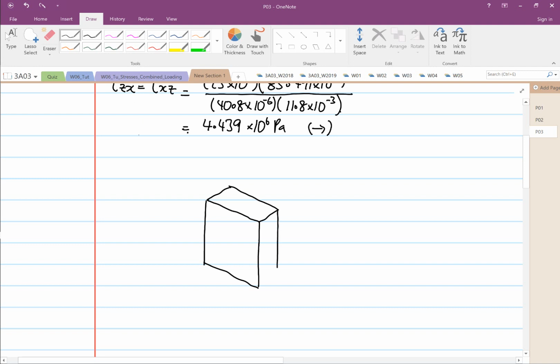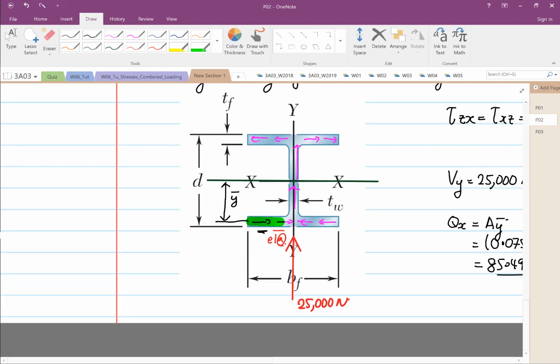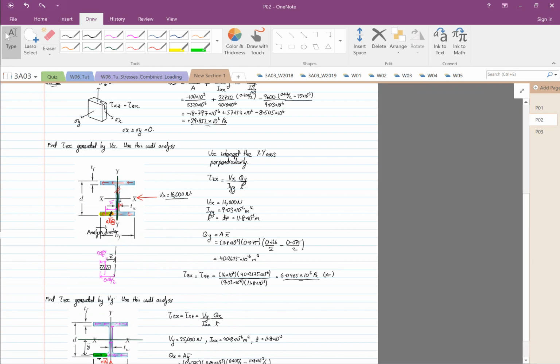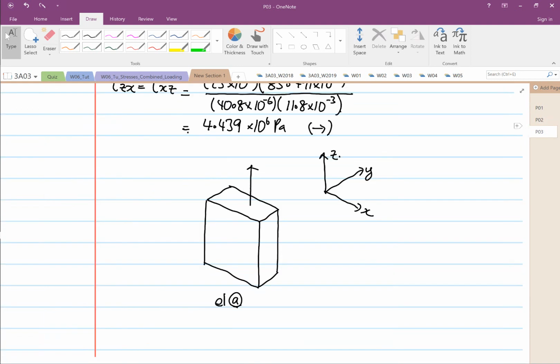This is element A. I'm going to draw our respective transformation axes X, Y, and Z. And we know that stress Z is equal to 28.852 megapascal, which we have calculated.